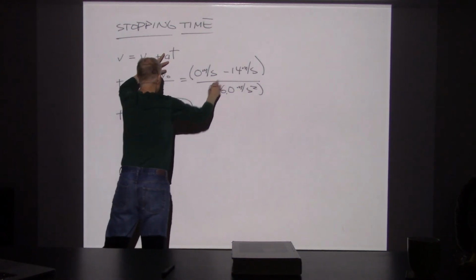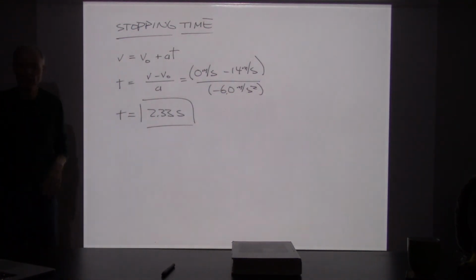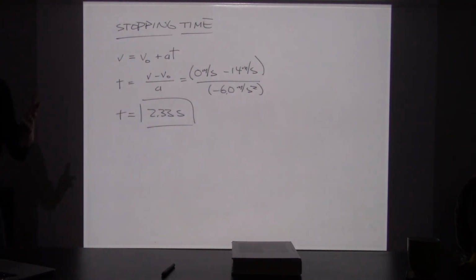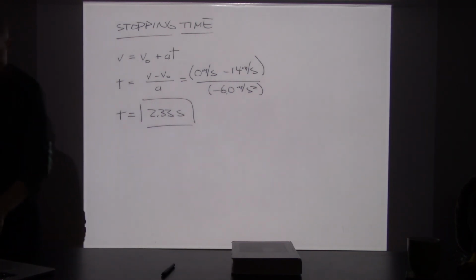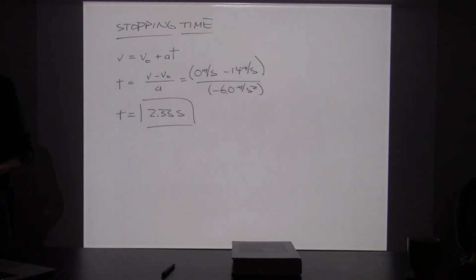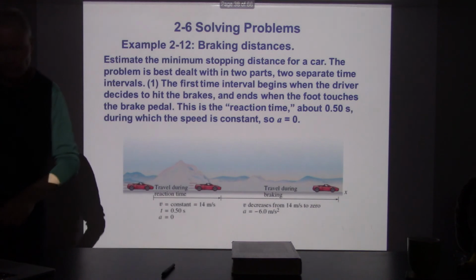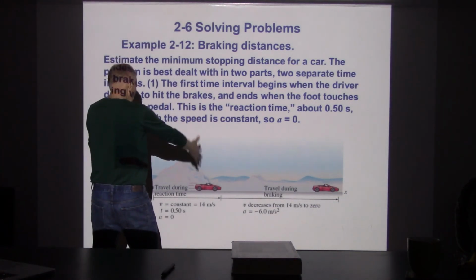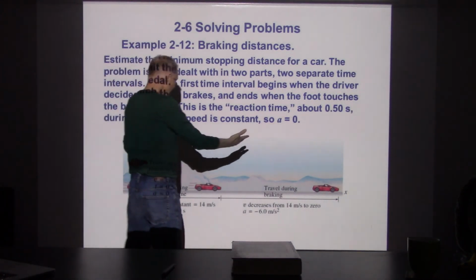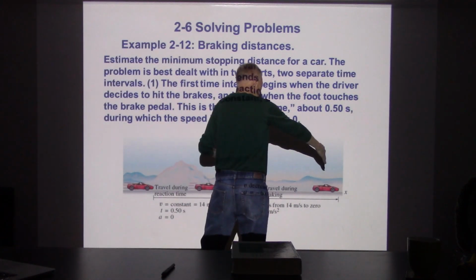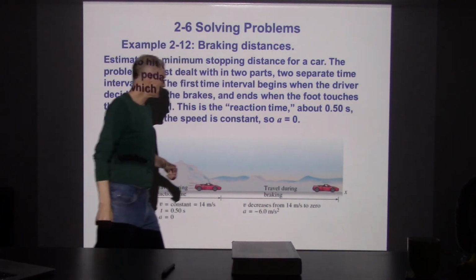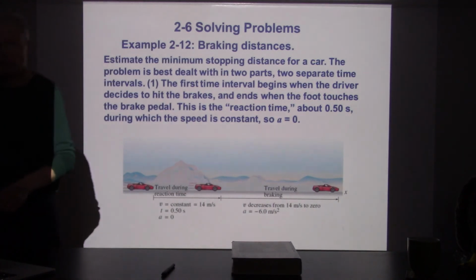The minus signs cancel, giving 2.33 seconds. The total stopping time then would be a half second during the reaction time, plus 2.33 seconds, and an additional distance of some number of meters.